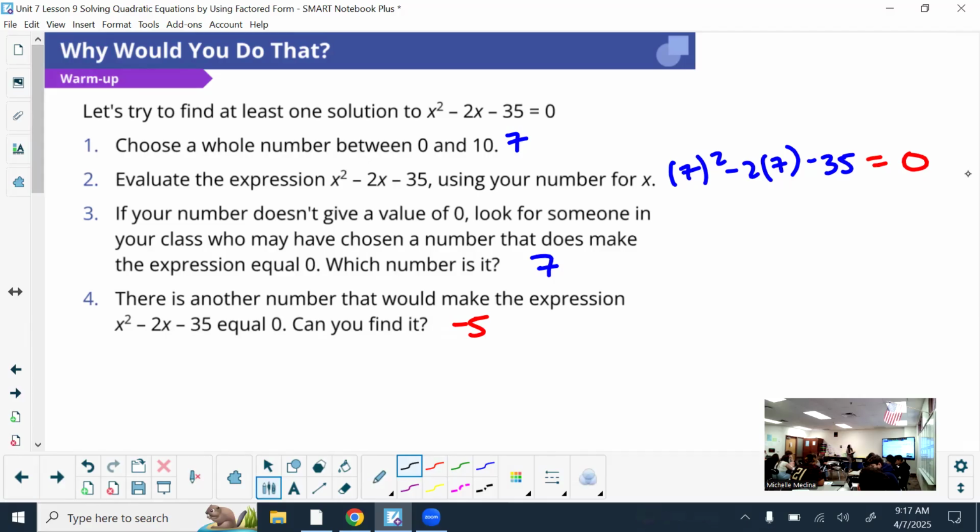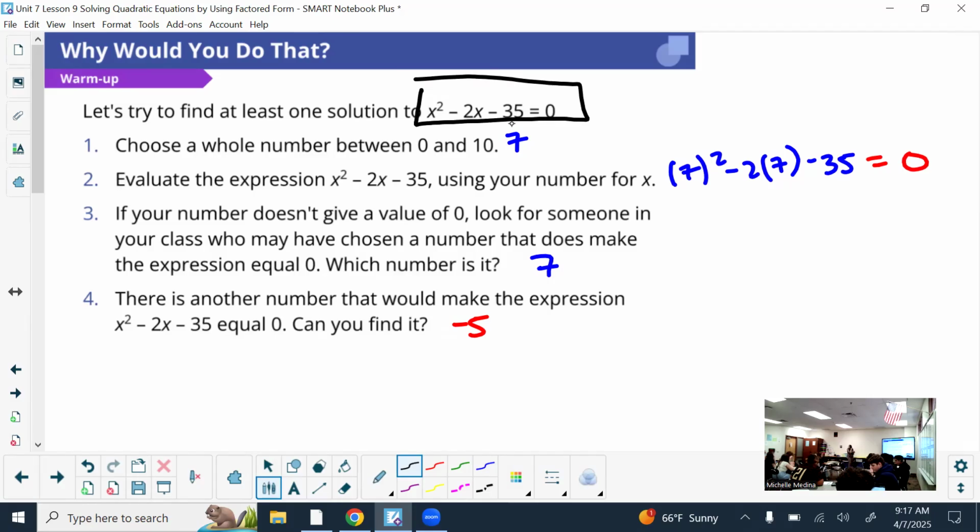In order to factor, it needs to be set equal to 0 already, which it is. And then look at what you're given. I don't have a GCF that I need to factor out. Usually you check for that first. No GCF.